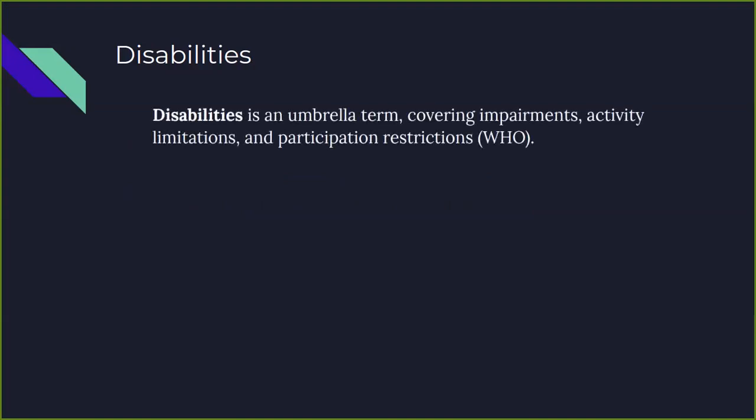So since we've mentioned accessibility, we have to talk about disabilities. Disabilities is why we consider accessibility. So disability, according to the World Health Organization, is an umbrella term covering impairment, activity limitations, and participation restrictions.